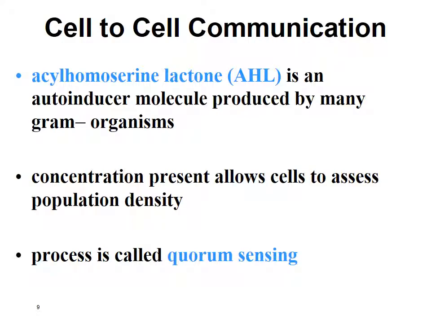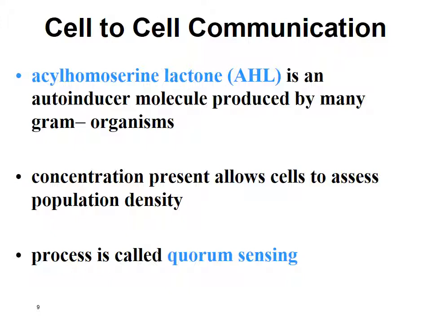Our last topic in this lecture will look at cell-to-cell communication within microbial populations. For decades, people tended to think of bacterial populations as just collections of individual cells growing and behaving independently.